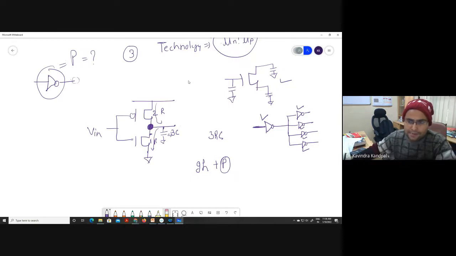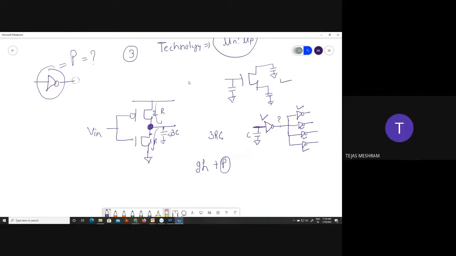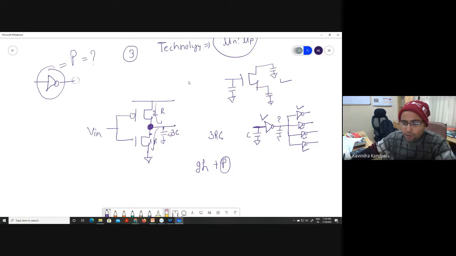All the inverters are identical, and if the input capacitance of each happens to be C, what will be the load capacitance here? 4C. Now, don't get confused about why we are not including the output capacitance of this one. We are not including it because it is already taken care of by the parasitic delay P.